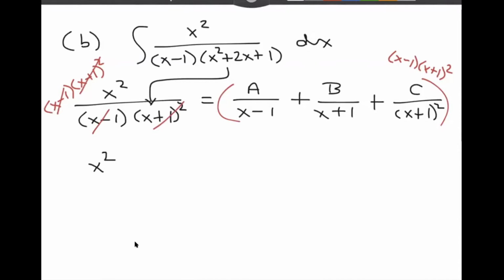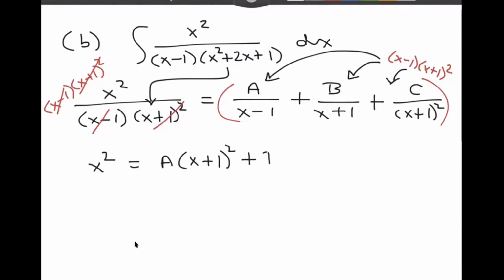On the right side, I'm going to distribute. In the first term, the x minus 1 cancels and leaves me A times x plus 1 squared. In the second term, one of the x plus 1s cancels, and one is left. So there I'm left with B times x minus 1 times x plus 1.